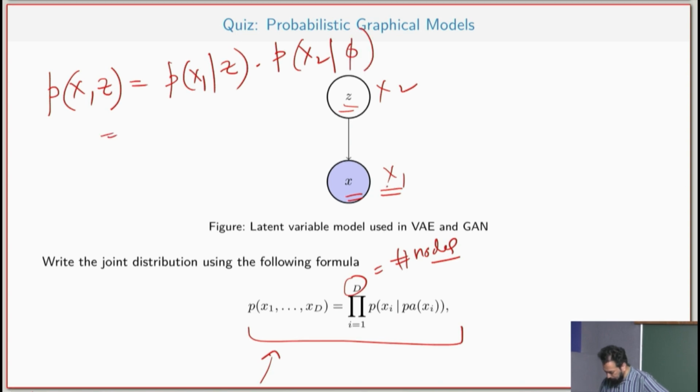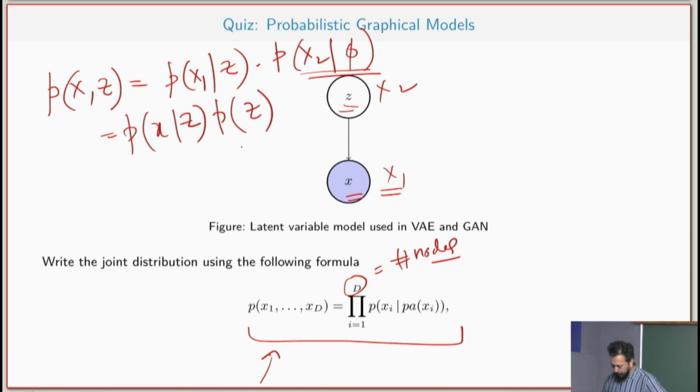So x1 was x, and x2 was z, and we have seen previously that for a root it just boils down to itself, so p of x2 is p of z.